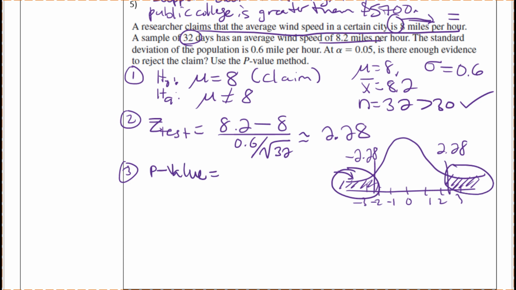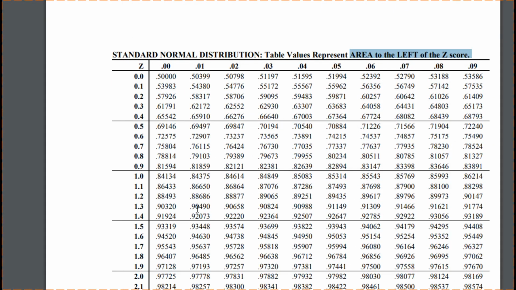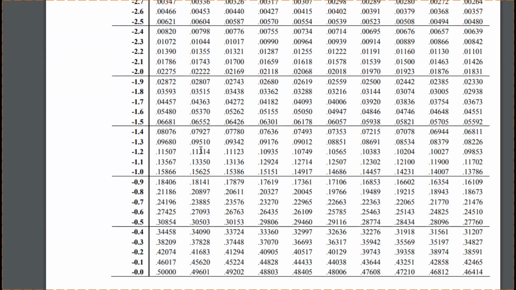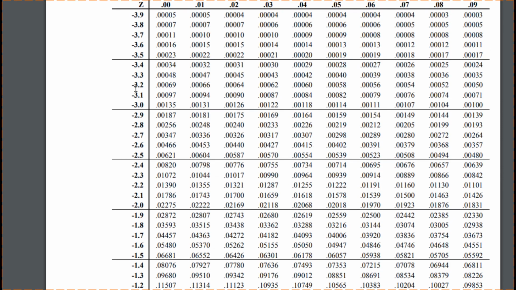So if we find one, we know the other. We're going to look up on the table a z-score of negative 2.28 to figure out what the area is. So let's go to the negative z-scores here. Negative 2.28, that as our area is 0.0113.